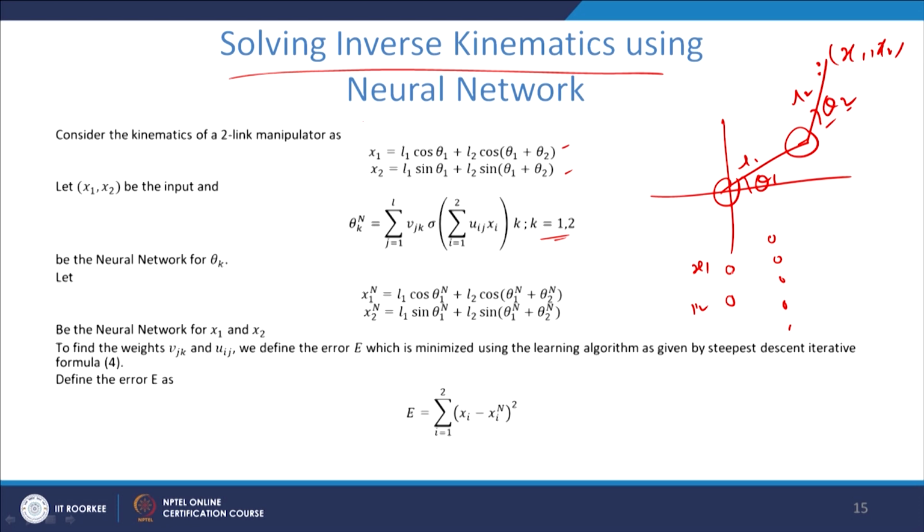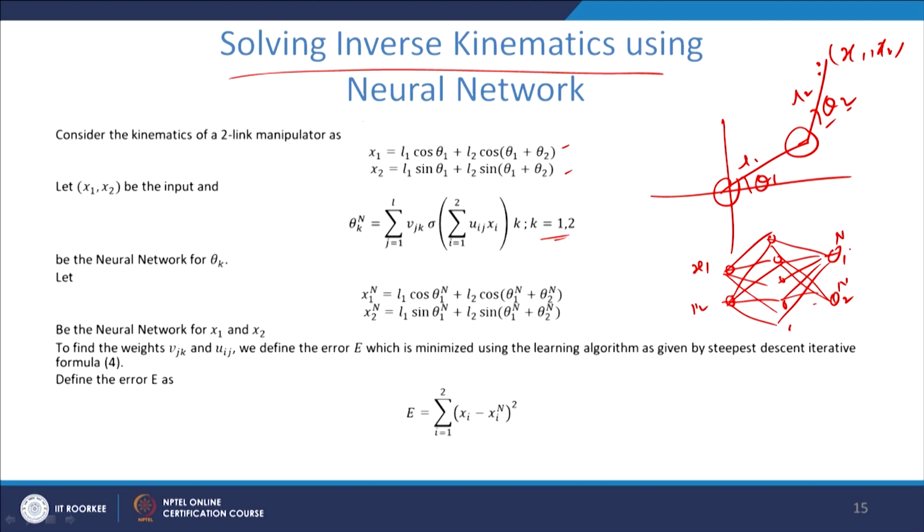There are L hidden layers and we connect them, and the outputs are 2 outputs, theta 1 and theta 2, for this problem. This is coming out of the neural network, therefore we denote it by theta 1 n and theta 2 n.